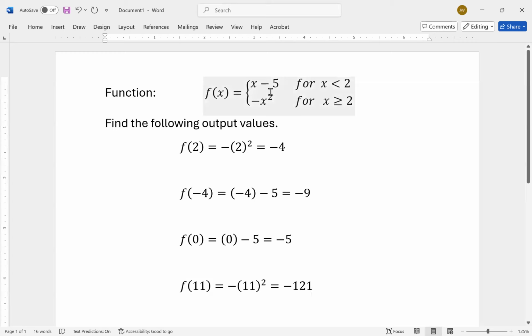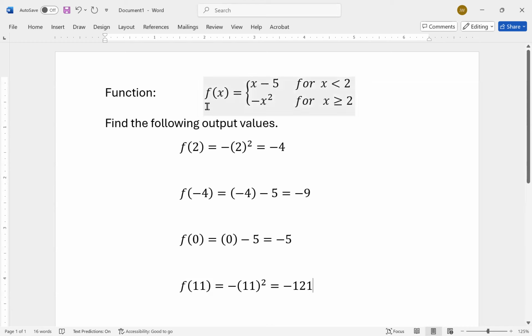This function is piecewise, and usually the phrasing we say is that it has two pieces because there's two parts of our domain here. The part where x is less than 2 and the part where x is greater than or equal to 2. Or in other words, there's two different output functions.